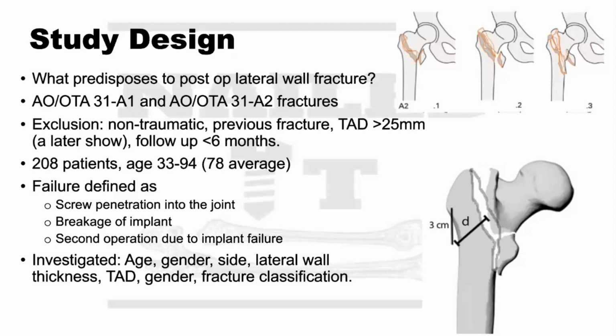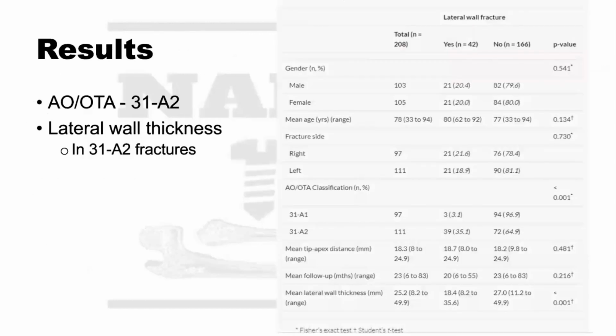And they looked at different factors that might influence the failure, including age, gender, laterality, lateral wall thickness, tip to apex distance, which once again was excluded at greater than 25, but they also looked at it if it was less than that, as well as gender and fracture classification. So I put the results up here on the slide, but the summary of it is that 31-A2s were more likely to fail, and mean lateral wall thickness was significantly associated with failure.